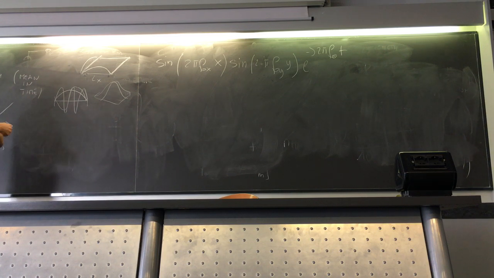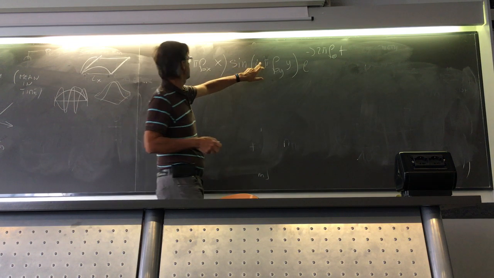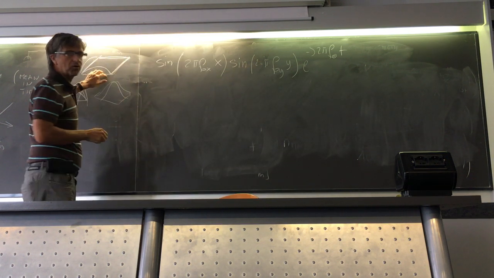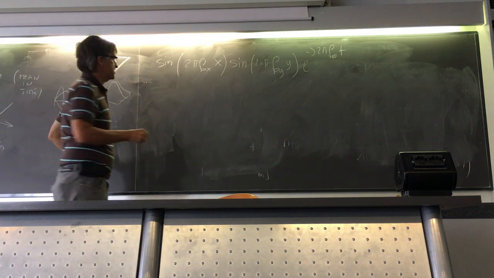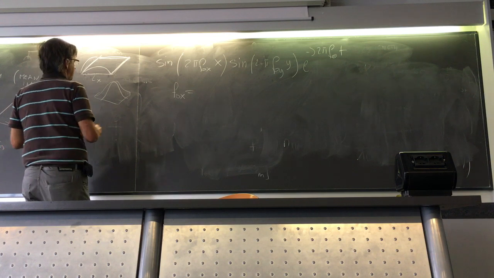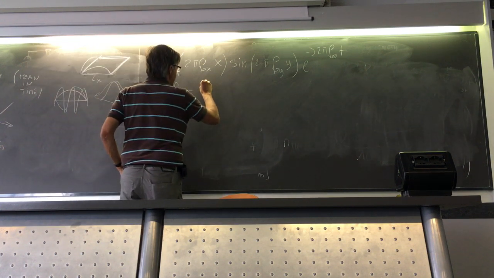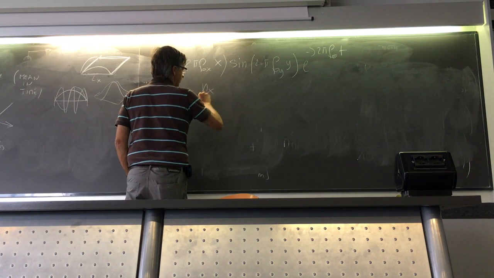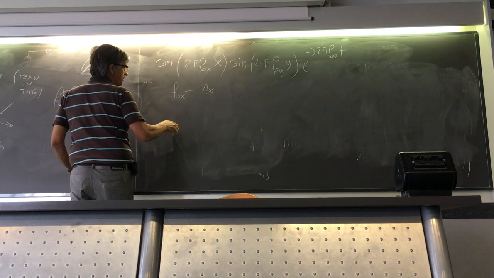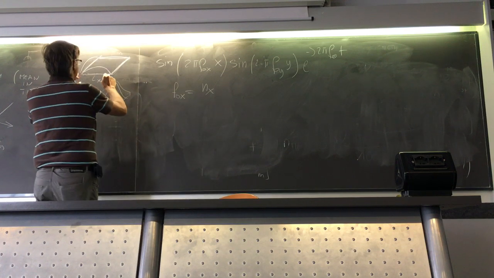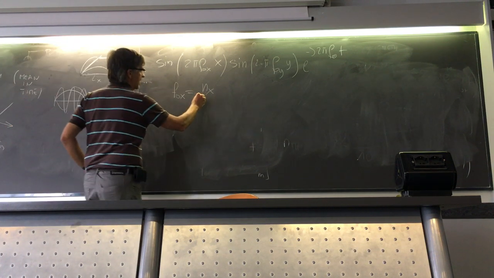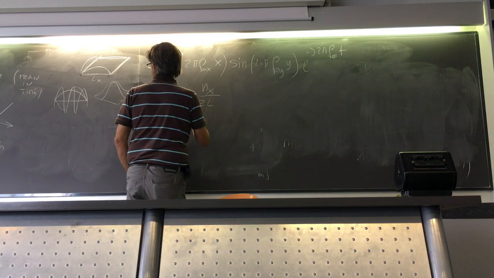The good part of the sinusoid is that it performs this 0 at the border, but f0x can be any multiple of the minimum frequency. The minimum frequency is, of course, 1 over 2L.